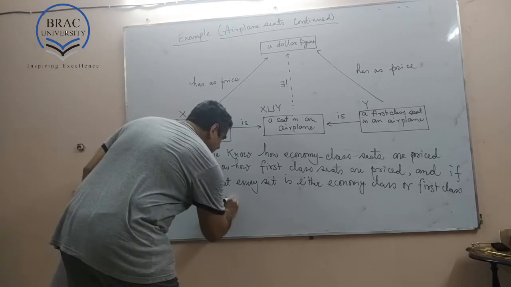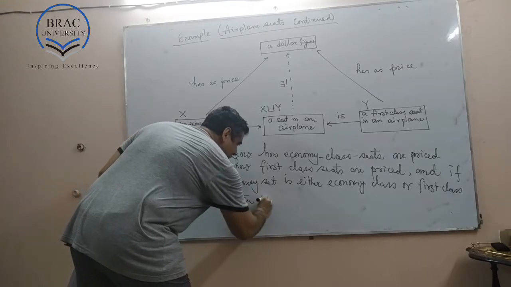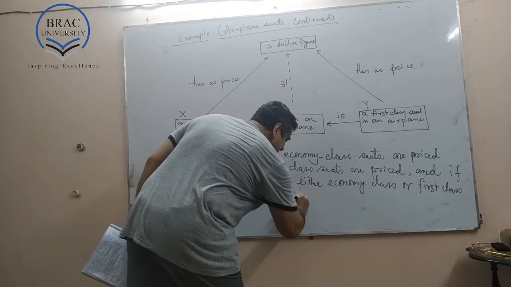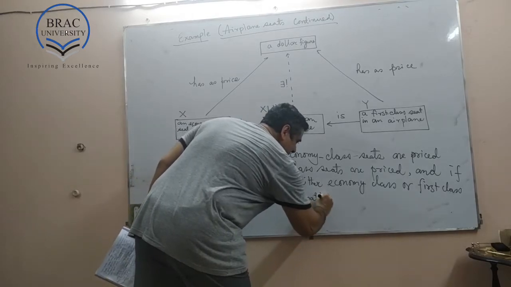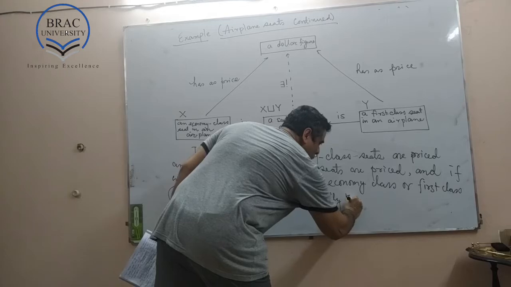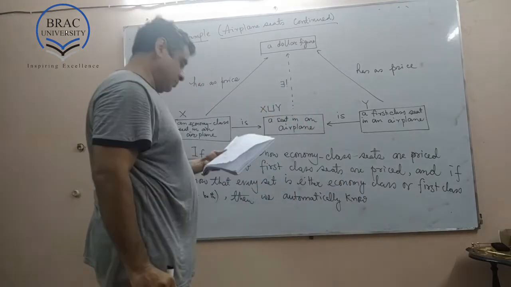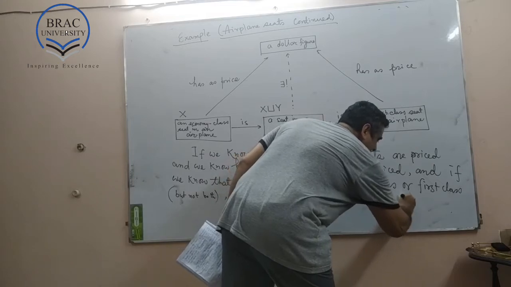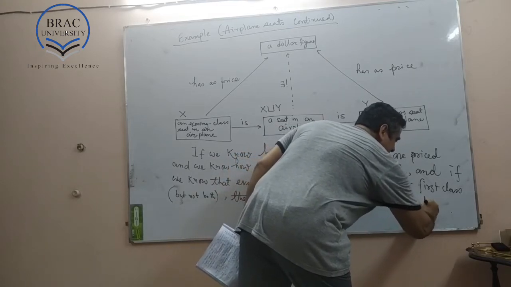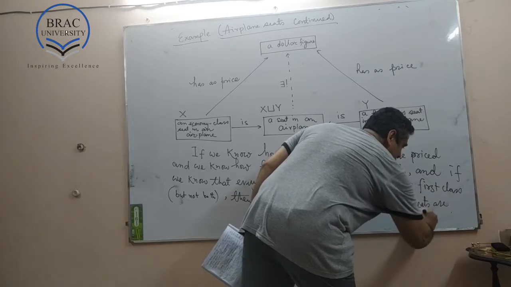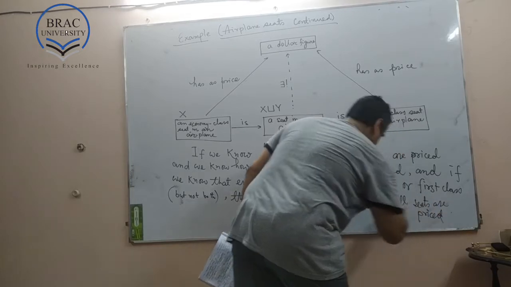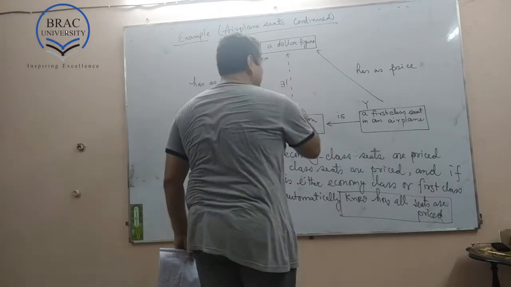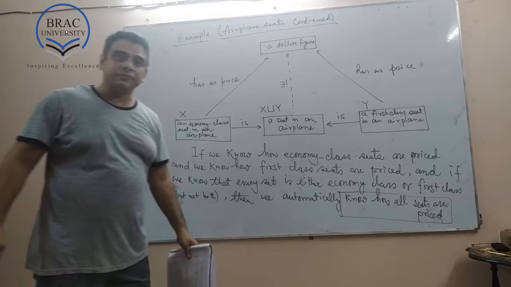Then we automatically know how all seats are priced. We automatically know how all seats are priced: this is the unique arrow.